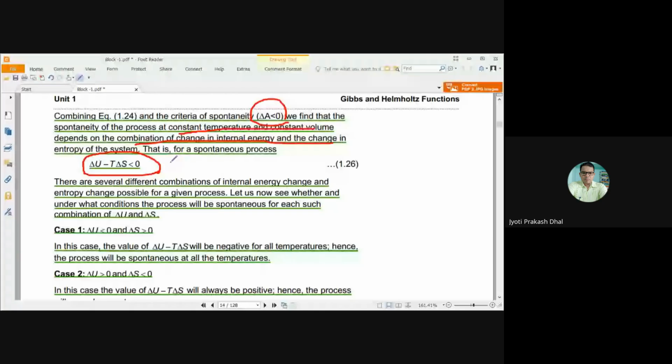Here del U is the change in internal energy, T is the absolute temperature, constant here, and del S is the change in entropy. So del U minus T del S should be negative. This is the condition of a spontaneous process.